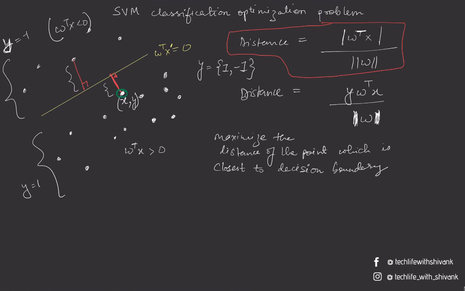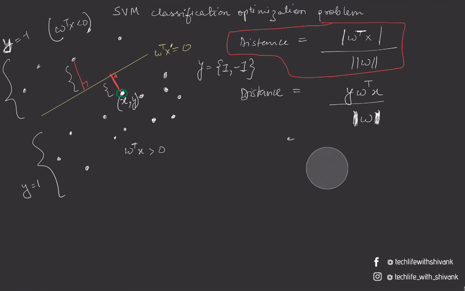So basically, let's say we have n points, x1, x2 up to xn, and out of these n points we need to find the point for which this distance, yi W transpose xi divided by the magnitude of W, is minimum for i equal to 1 to n.